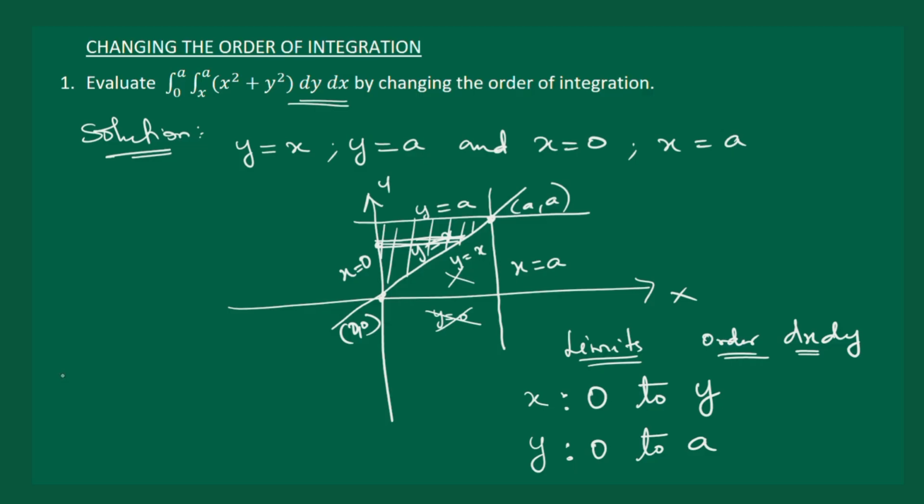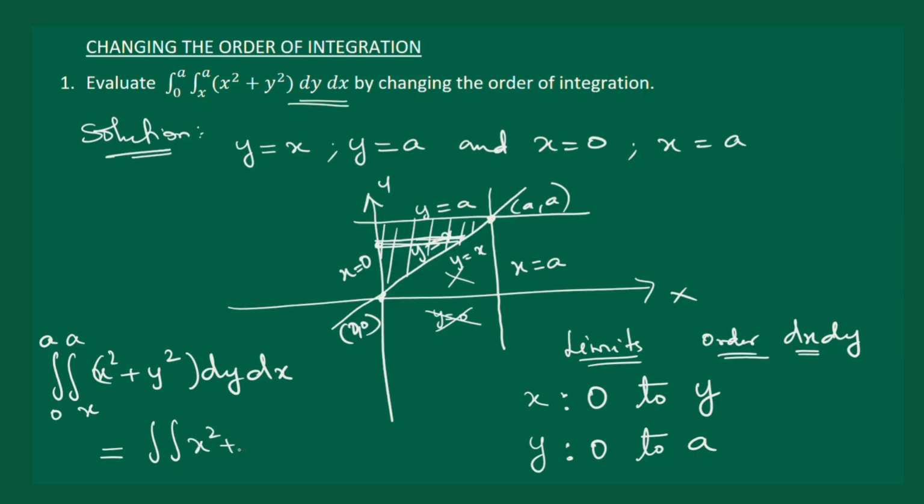So now the problem will be the double integral 0 to a, x to a, of x square plus y square dy dx. x square plus y square is the given function. Now we are changing the order to dx dy. According to this order, the new limits are 0 to y and then 0 to a.